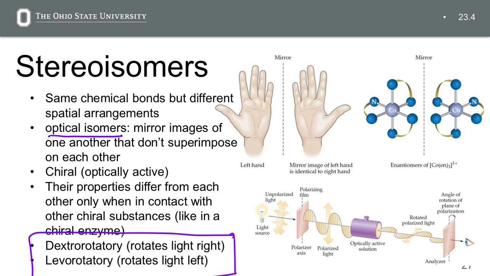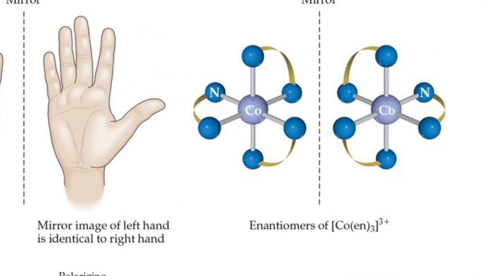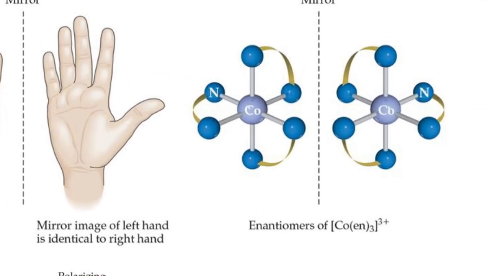Okay. Thinking about rotating light is kind of fun. You don't need to get into that too much, but I do want to point out these enantiomers with this cobalt complex. So we can imagine that these nitrogens and then this sort of ribbon represents the ethylene diamine ligand.